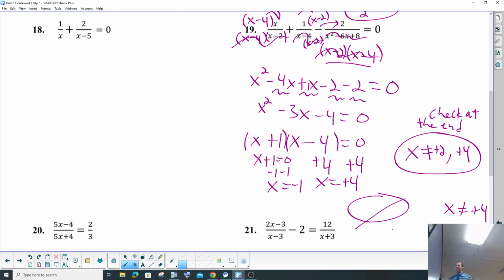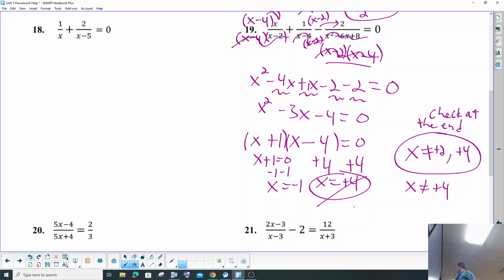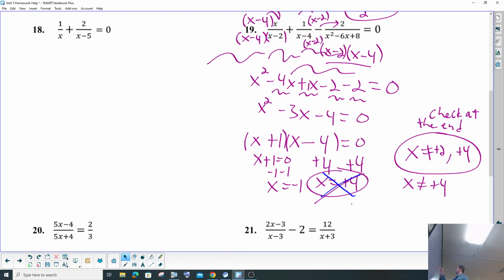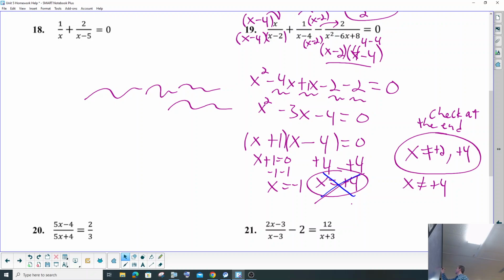The reason it doesn't work is because if you plug it into the original, before we eliminated the denominator, you couldn't have a 4 because 4 minus 4 is 0, and you can't divide by 0. So that became an exclusion, which canceled that out.